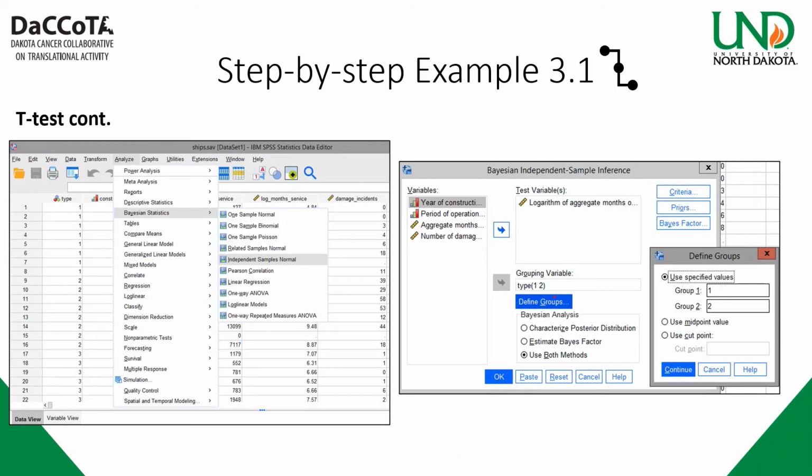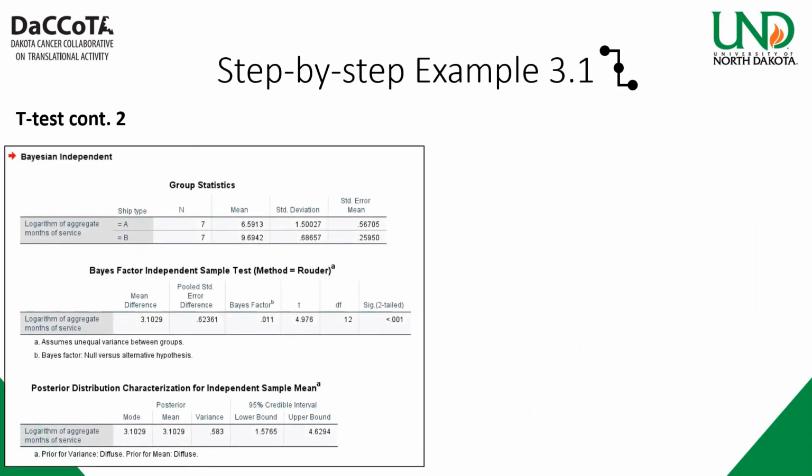Come over here and add group 1 and 2, and continue. Then under Bayesian Analysis, you can do posterior distribution or Bayes factor, so one of those 2 methods of analysis, but we want to use both methods. Click OK, and this is what we will get.